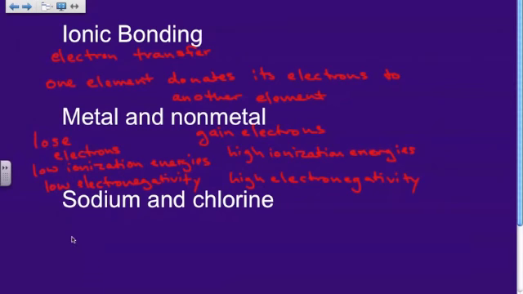So if we look at sodium, which has 1 valence electron, and chlorine, which has 7 valence electrons, you can easily see how sodium will give 1 valence electron to chlorine, so that sodium has a positive charge and chlorine has a negative charge.